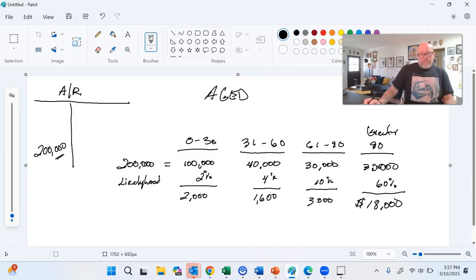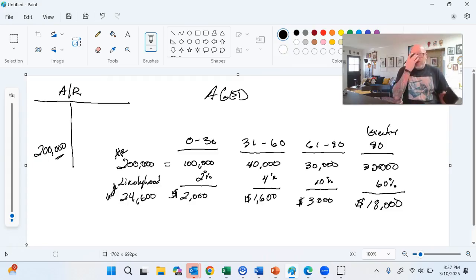Therefore, right? The total uncollectible amount, this is total receivable, and the total uncollectible is going to be 18,000 plus 3,000 plus 1,600 plus 2,000. What is that? 18,000, 21,000, 22,600, 24,600.